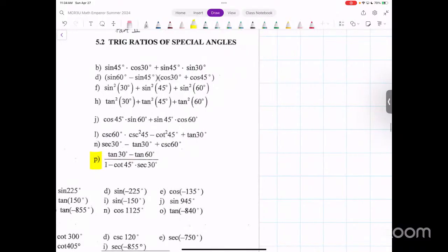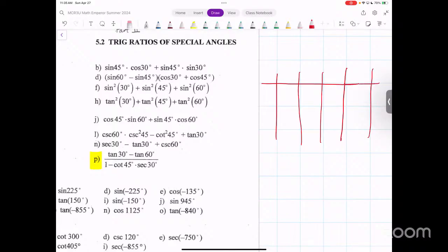In case you forget all the ratios, I'm going to write my ratios again. At this point, I'm expecting you know the ratios by heart. 0, 30, 45, 60, and 90. Sine, cos, and tan. Either you memorize or you remember my table. You can go in both directions.